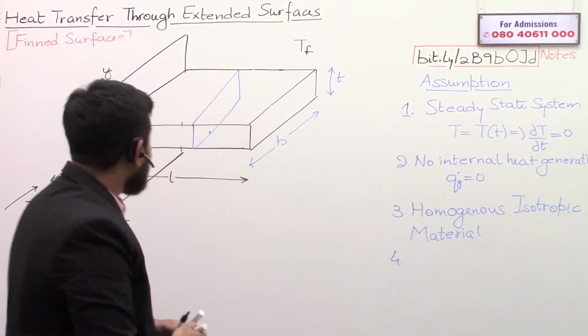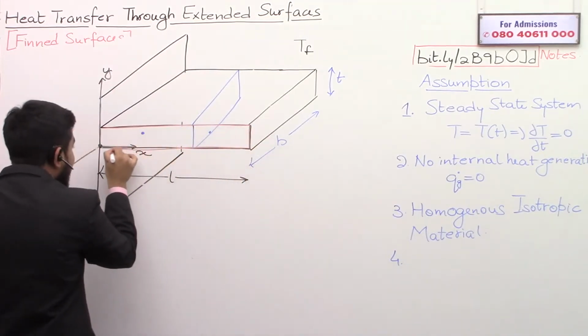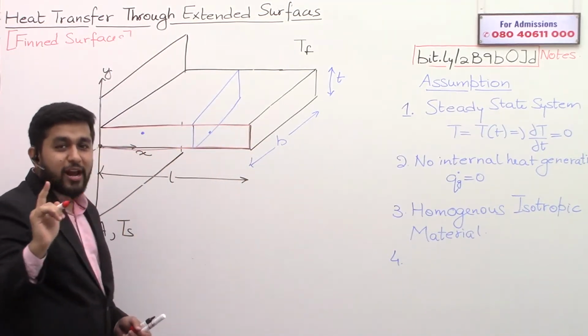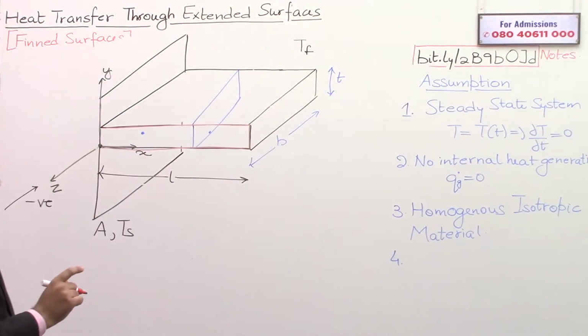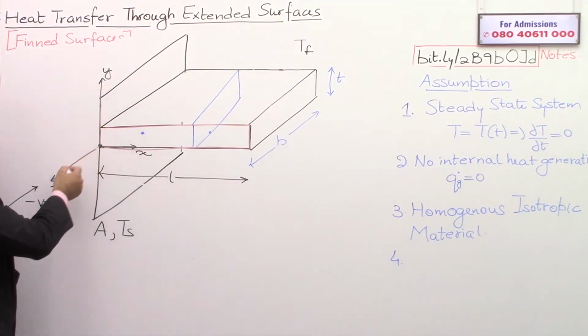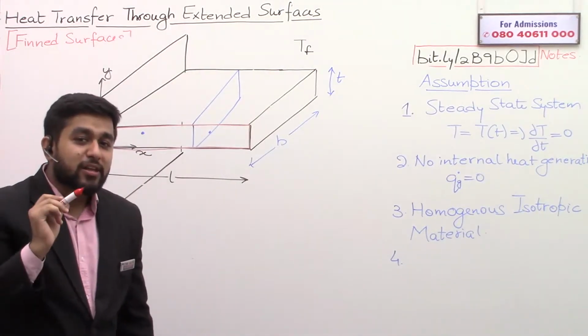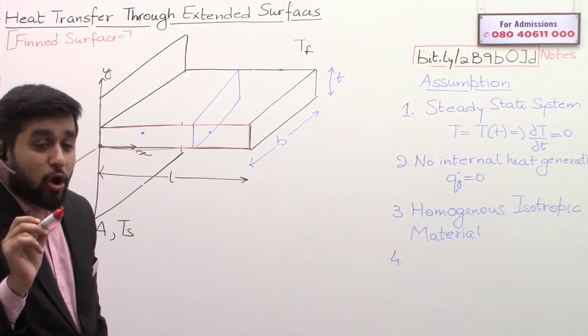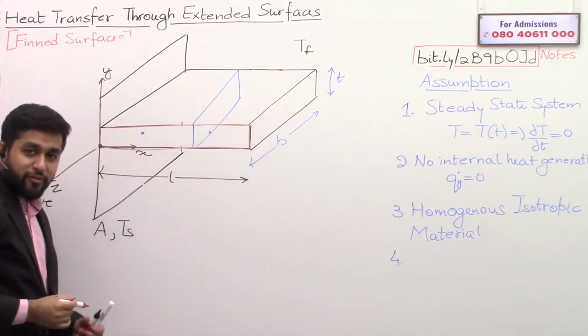And this front view is called the profile of the fin. Please note there are two things. The YZ plane, B and T, is the cross section. But L and T is the profile.